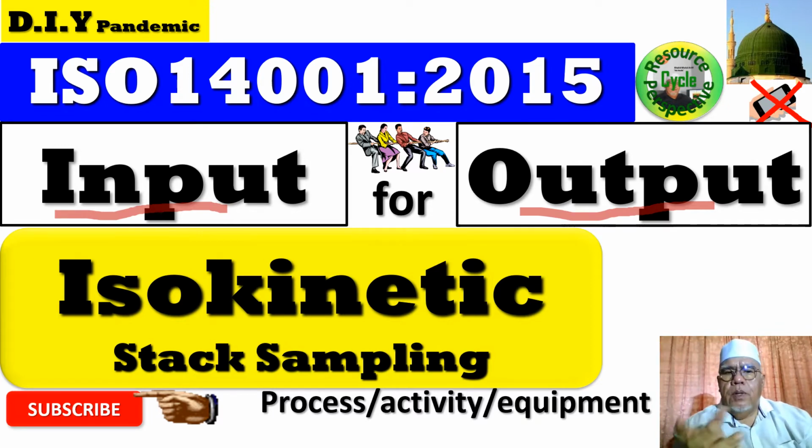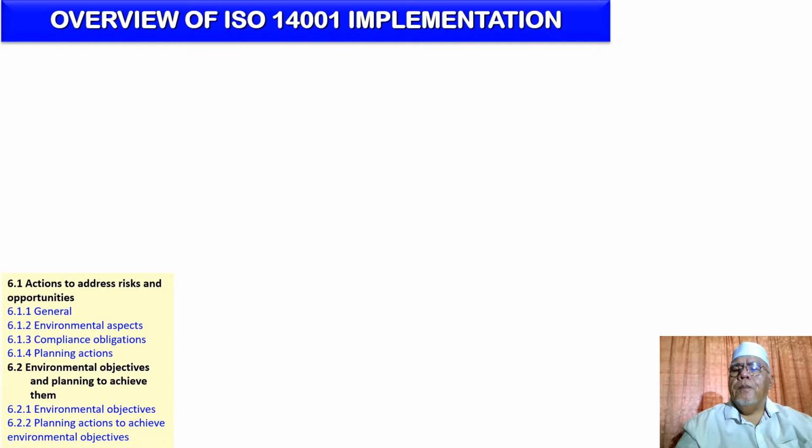Then we'll look into the input-output of this particular activity. And lastly, I will show you how we assemble all the environmental aspects in the form of an aspects impact register, which I normally refer to as the dashboard. Okay, let's take a look at this.